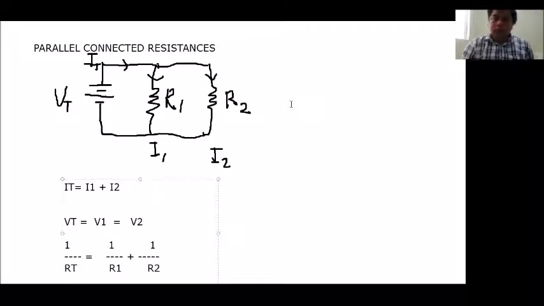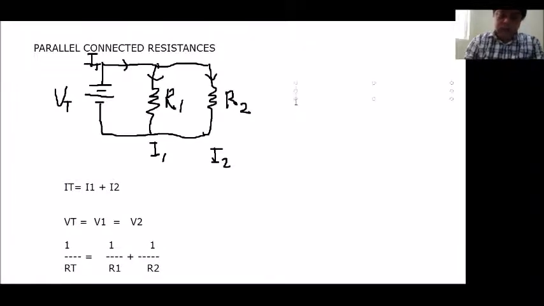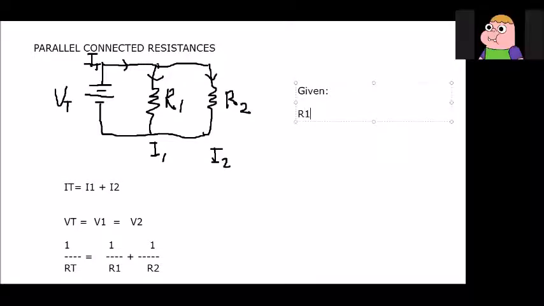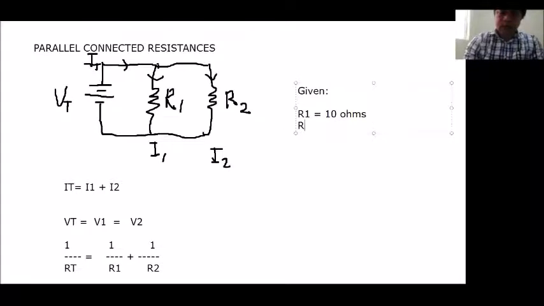Now, for our illustration, for example, let us say R1 is given to be equal to 10 ohms and R2 is equal to 20 ohms.